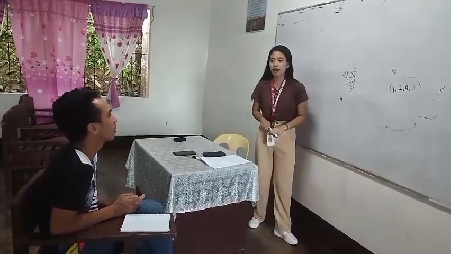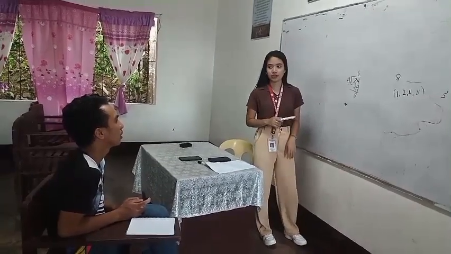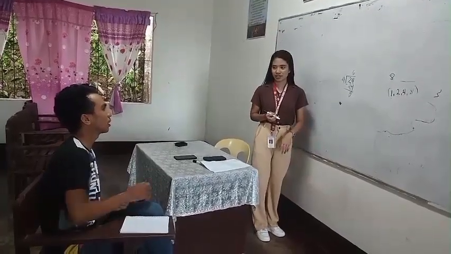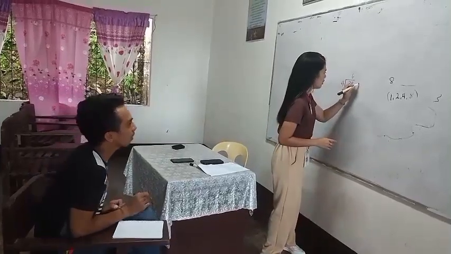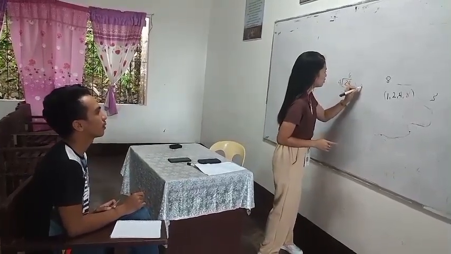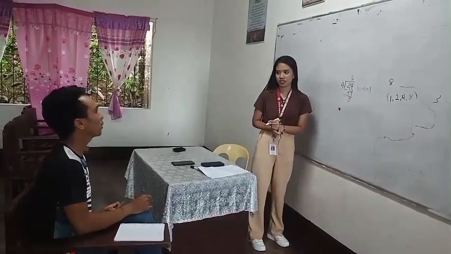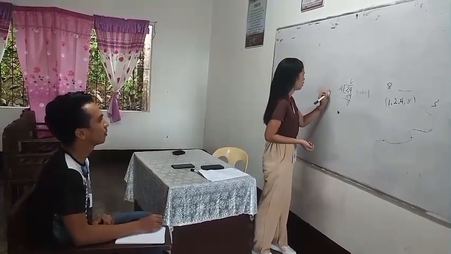Can you identify what each part of this division is? Where is the dividend? 24 is the dividend. Okay, 24 is the dividend, so you're right. What is the divisor? The divisor is 4. That's right.